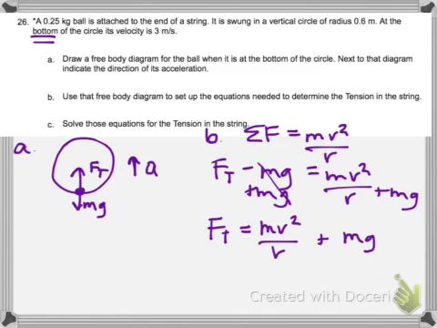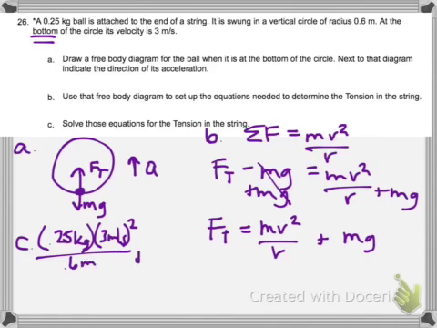Then for part C, again they ask us to plug in and solve for tension. So again we plug in all of our numbers. We have our 0.25 kilograms, our 3 meters per second, that gets squared, divided by our 0.6 meters, and that again will get added to our 0.25 kilograms times our 9.8 meters per second squared.